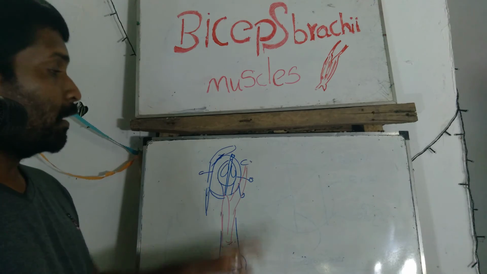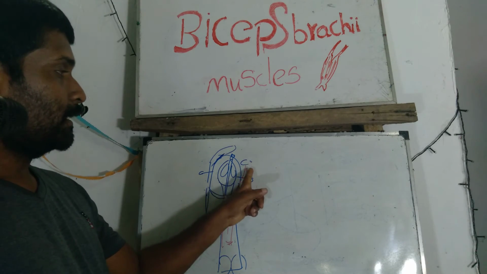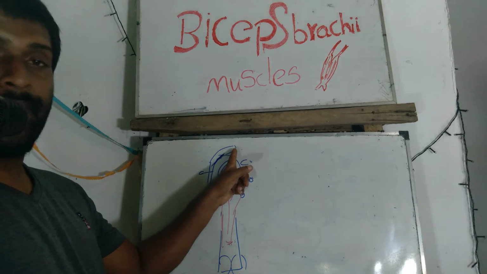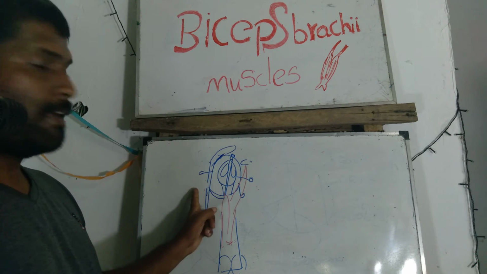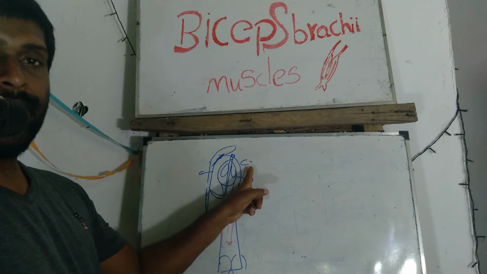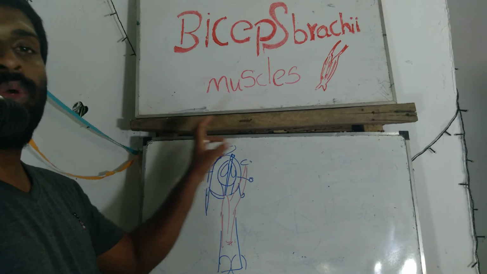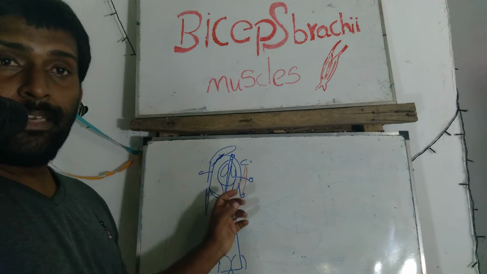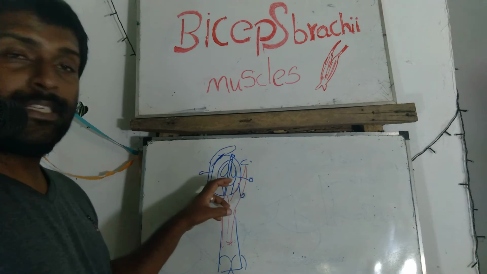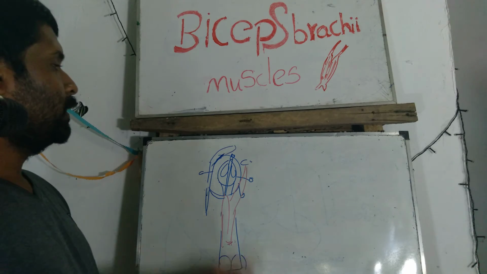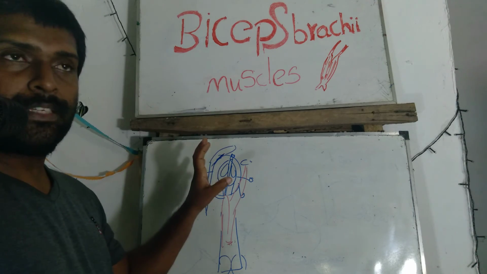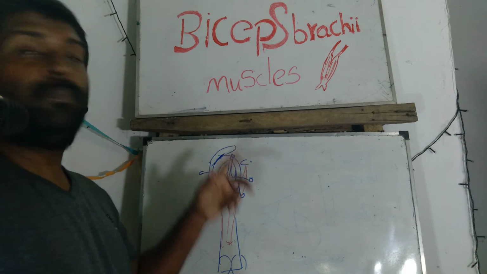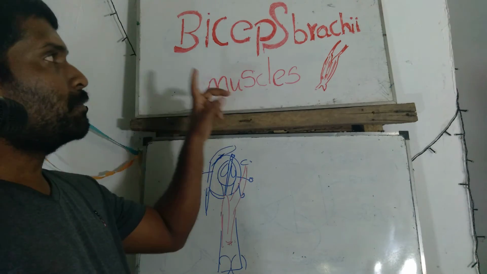Tendon damage, bursitis in the supraglenoid bursa, the lateral bursa, the medial side bursa. Bursitis can also happen. Tendon can also be avulsed. That is another problem. Dislocation and subluxation are the most important problems of the biceps brachii muscle.